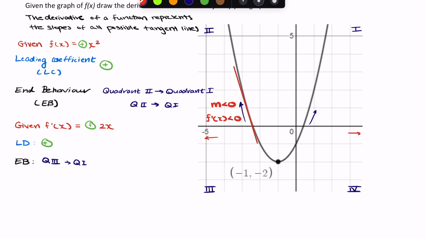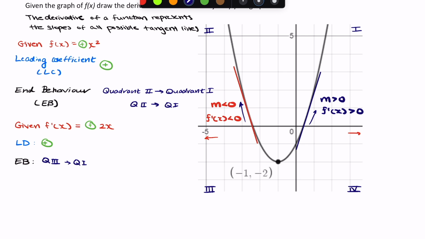If we draw another line over here, representing different tangents at different points of the graph, the slope is greater than 0, and f prime of x would also be greater than 0.